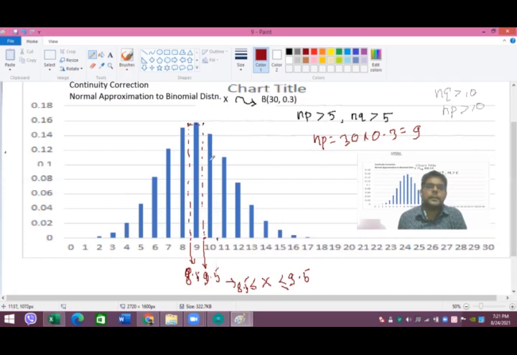About this position we will draw another graph by the height of this line at x equals 10, and instead of calling it a bar graph, it is better to say this is a line graph for the binomial distribution. This is 10 and this is 10.5, and now you join the tops of all these three lines and you will have another bar.